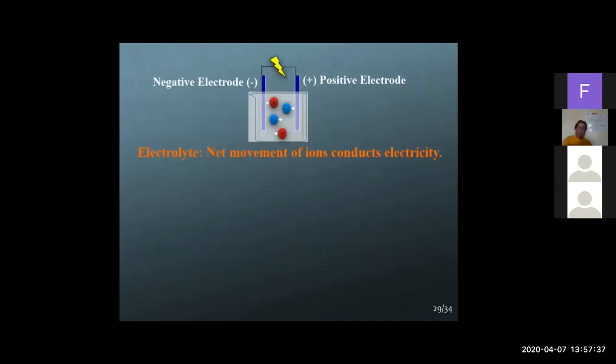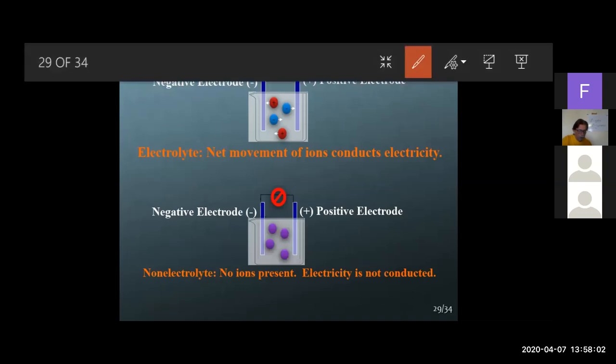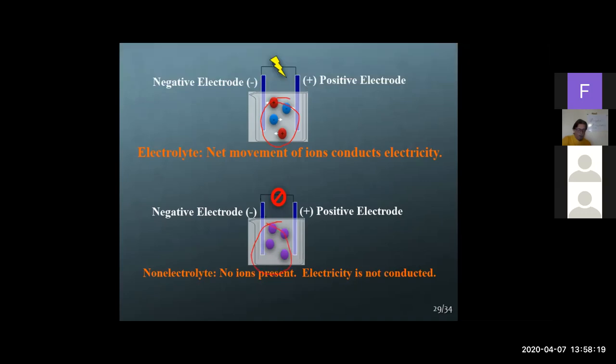Now, this particular diagram has two probes in the water solution. Because we have electrolytes in solution, designated by the negative and positive spheres, the current passes through that wire on top.